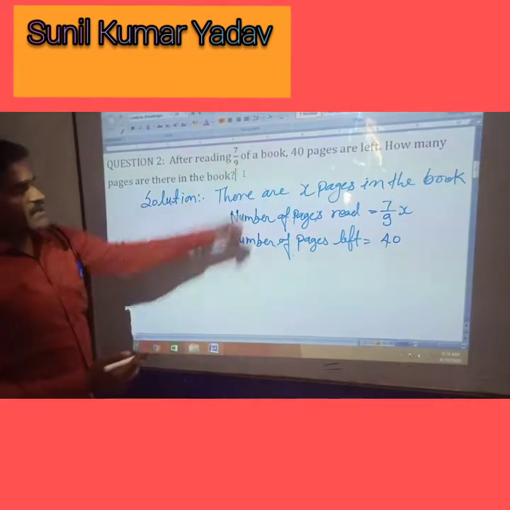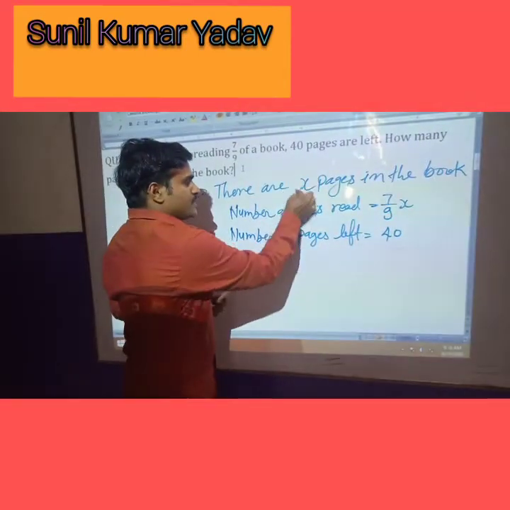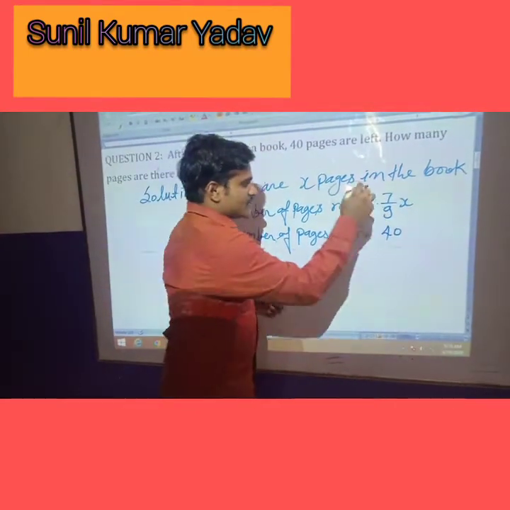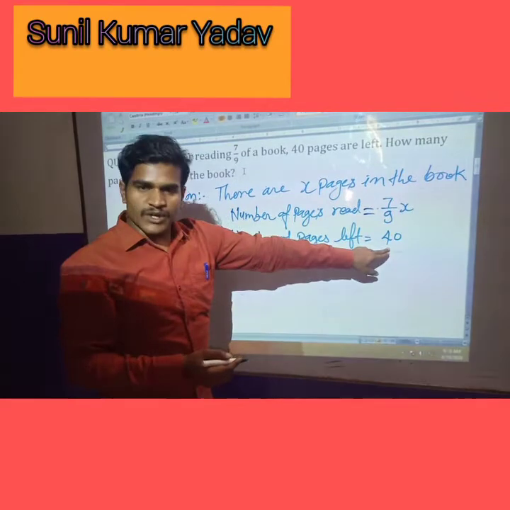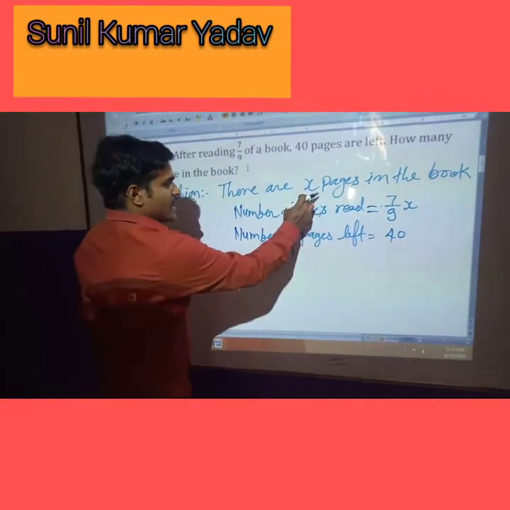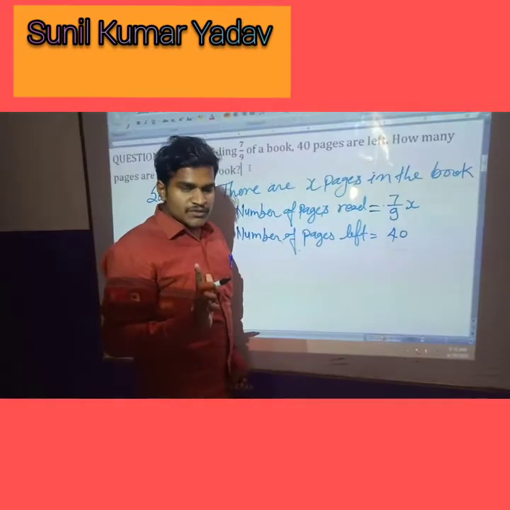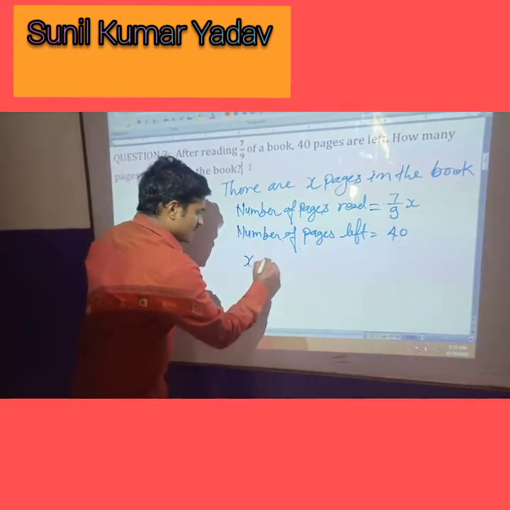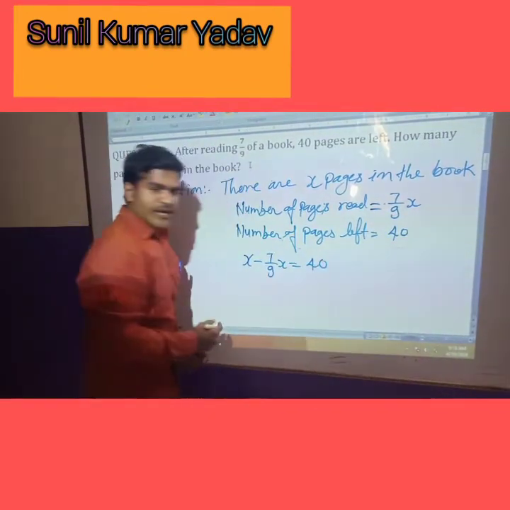So how many pages are there? Student, the total number of pages is x, the number of pages read by the student is 7/9 x, and what is left is 40 pages. It means x minus 7/9 x is equal to 40 according to the question. According to the question, x minus 7/9 into x is equal to 40.